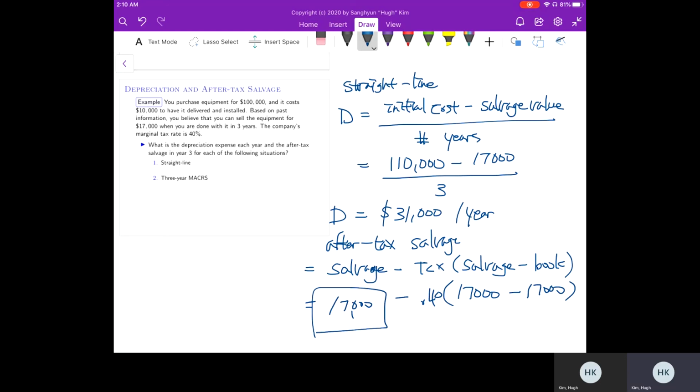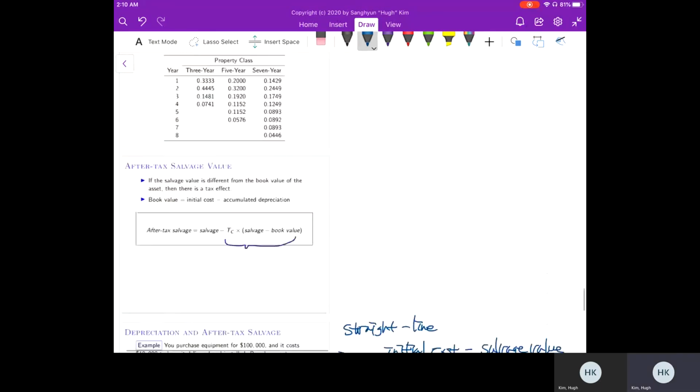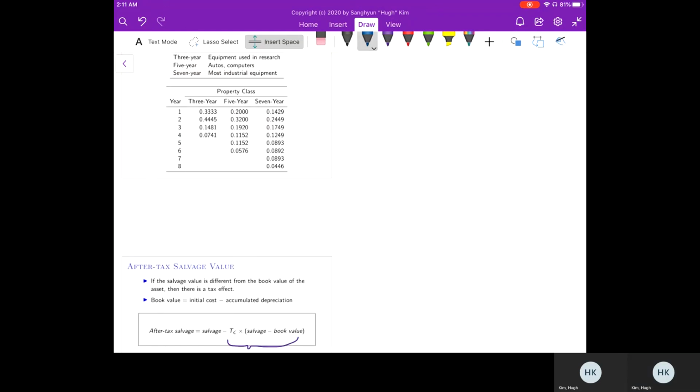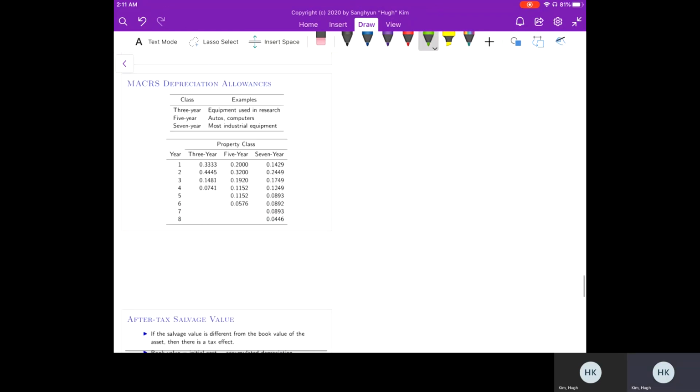How about if we use the 3-year MACRS schedule? Let's refer to the MACRS schedule here. We'll be using the schedule in this table.